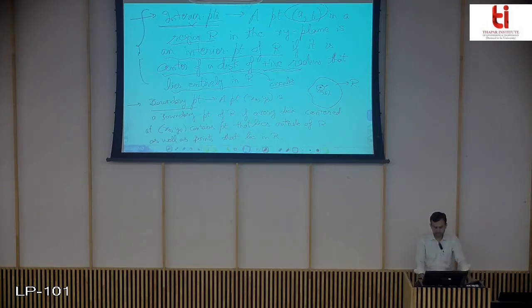It means that whenever you are saying a given point is a boundary point, say here it is a point (x0, y0), then whatever circular disk I construct around this point, it will always contain some points that lie in the region and also points that lie outside that region.